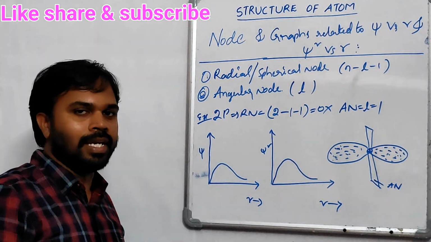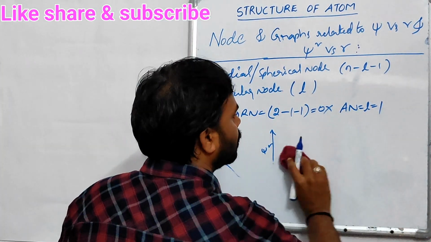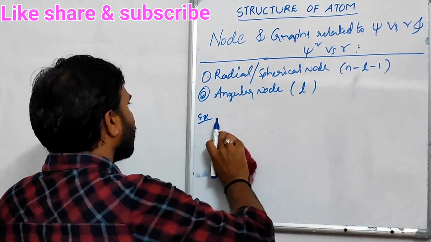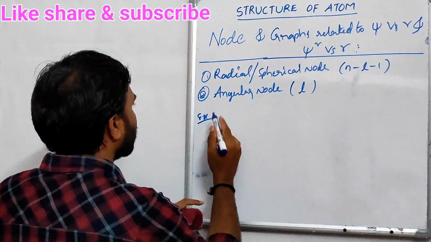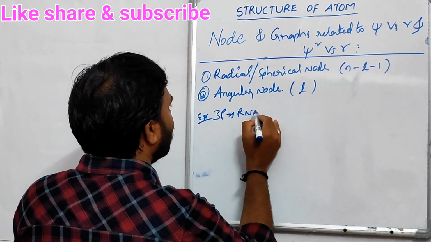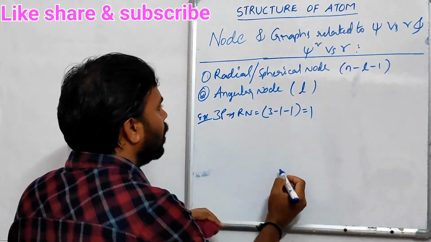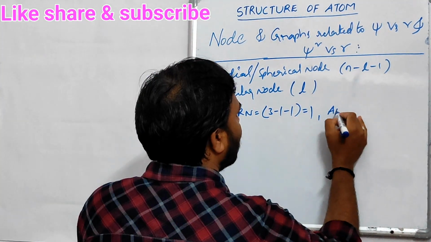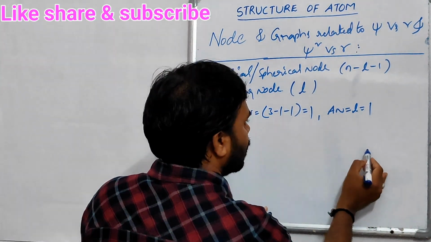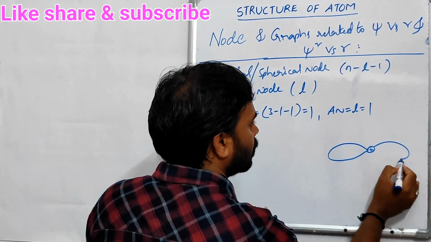Now come to the next example, the 3p orbital. For 3p orbitals, radial node is equal to 3 minus 1 minus 1, that equals 1. One radial node is present. And angular node is equal to the L value, that equals 1.